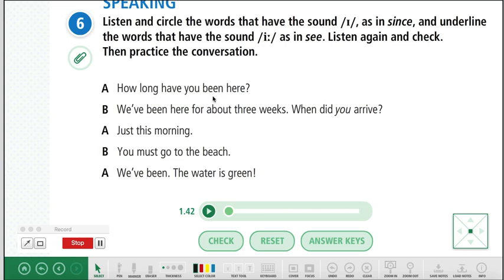Here, if you click a little bit below the word, you can underline. I'm sorry, I have some trouble here. Here, look. That's it. If I want to underline the word, I can click below the word. If I want to circle the word, I can click a little bit above it, okay? That's the idea. Well, this is exercise number 6.